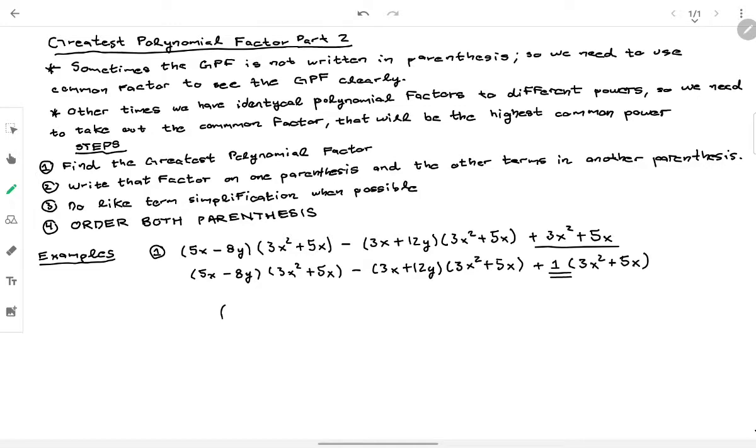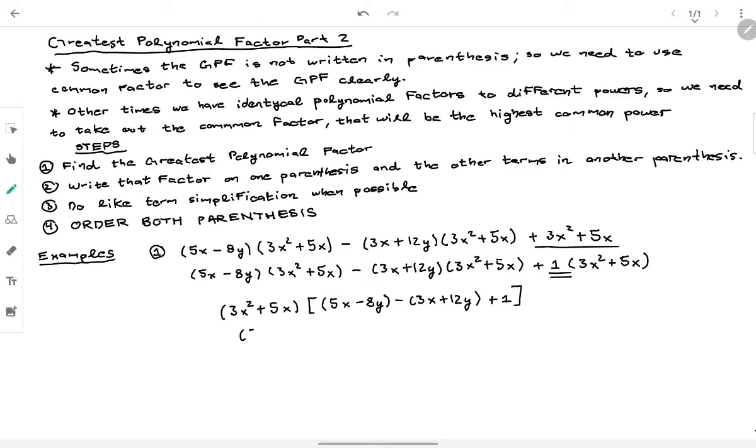So first, we will put on one parenthesis the greatest polynomial factor. And on the other parenthesis, I will start using brackets: 5x minus 8y, minus 3x plus 12y, plus 1.